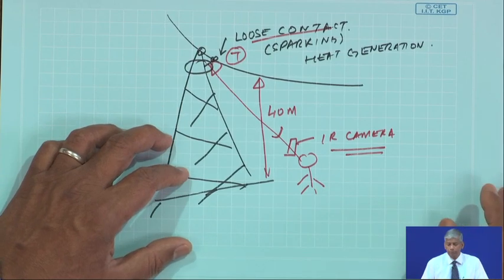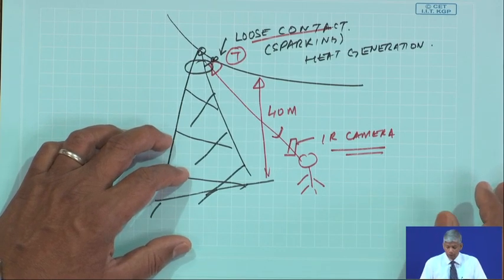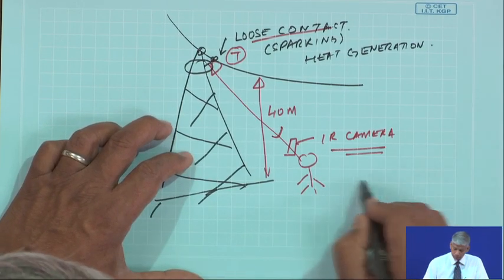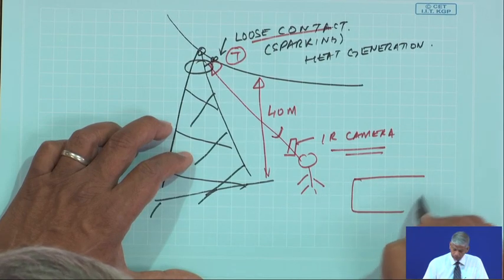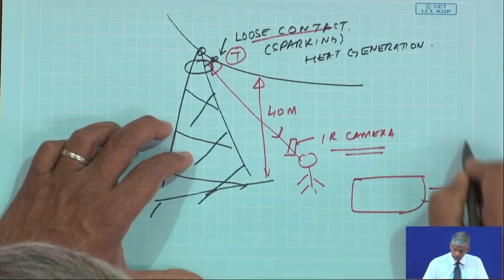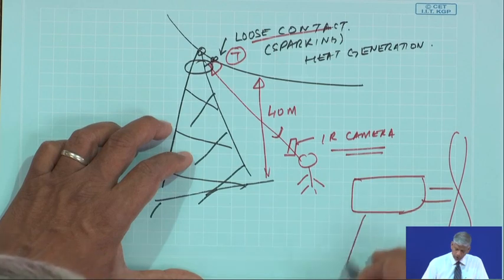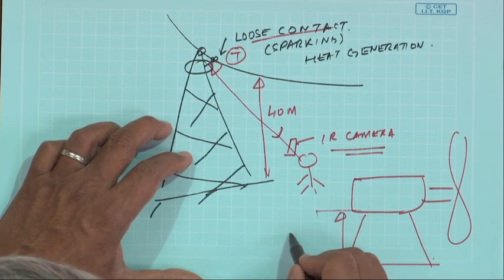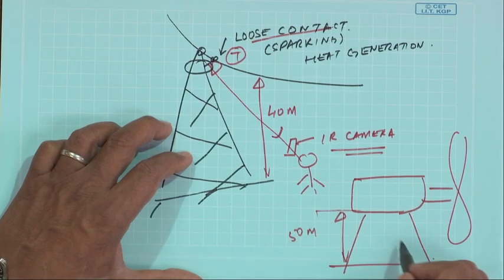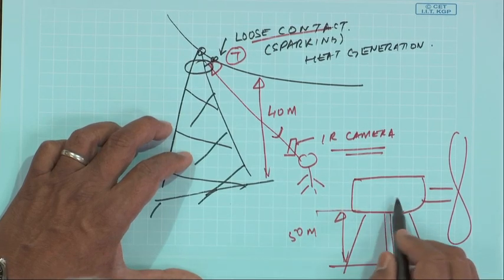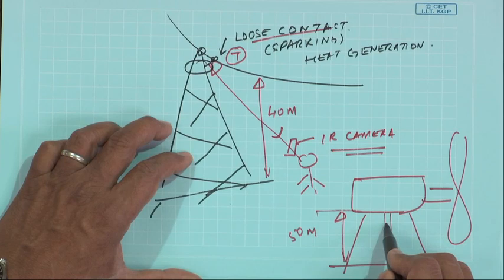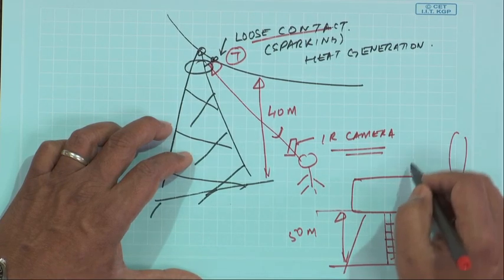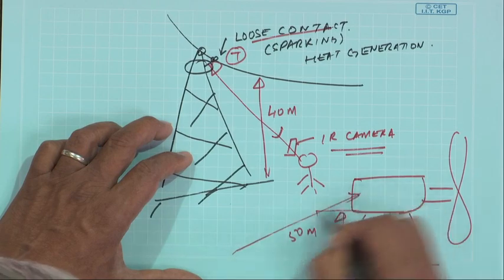Suppose we have a windmill wherein we have a gearbox mounted, very high. Again, this is maybe 50 meters from the ground. So, if somebody was to make a contact type measurement, one has to climb up the stairs to go up to the gearbox, but rather you can shoot from an IR.